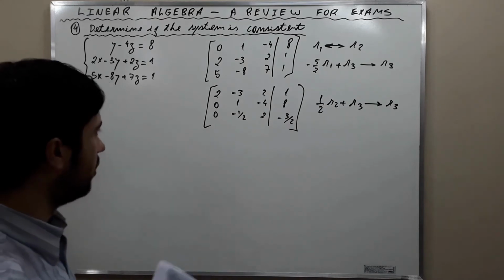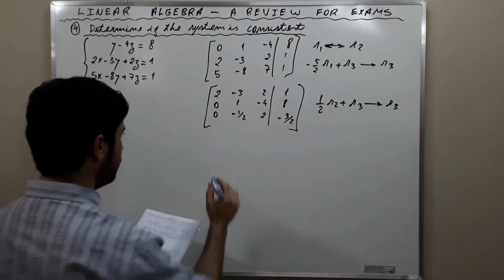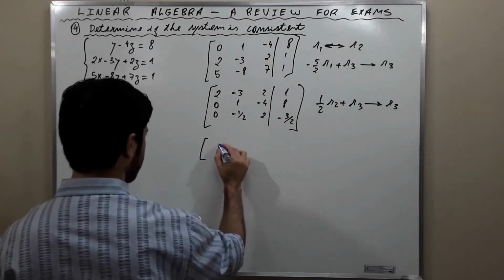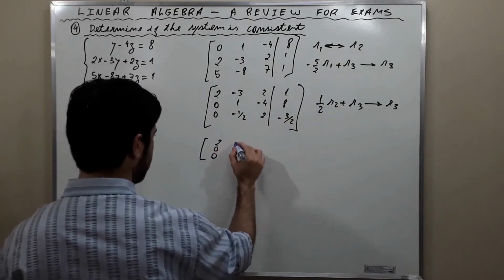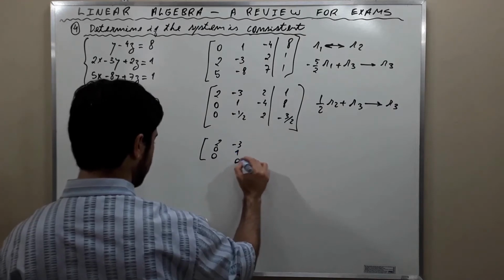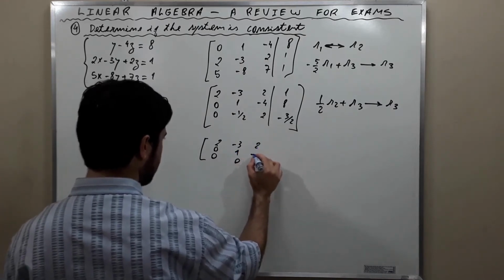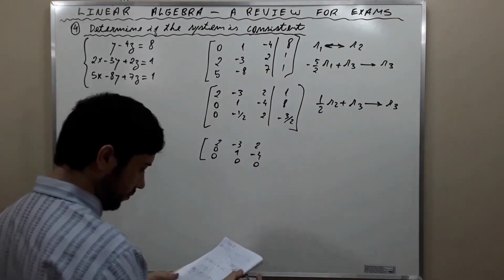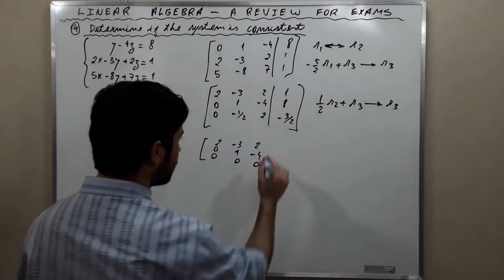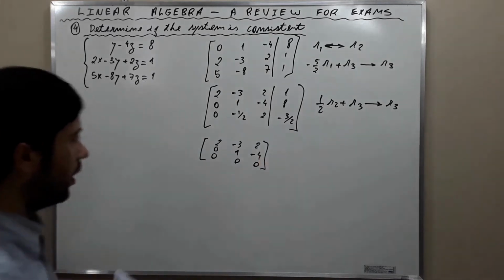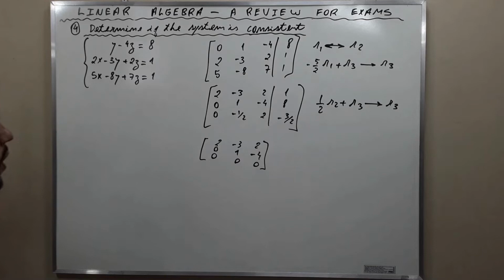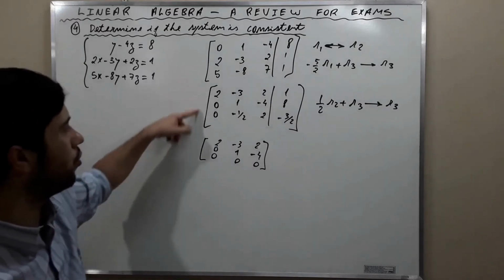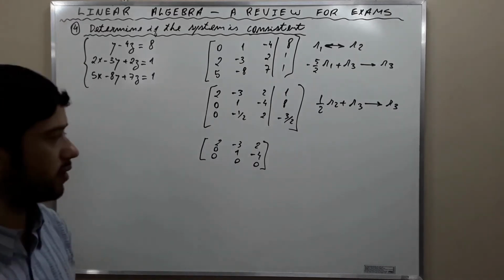And we find the matrix, the result. And this is the matrix that is left from the operations on the rows of the augmented matrix.